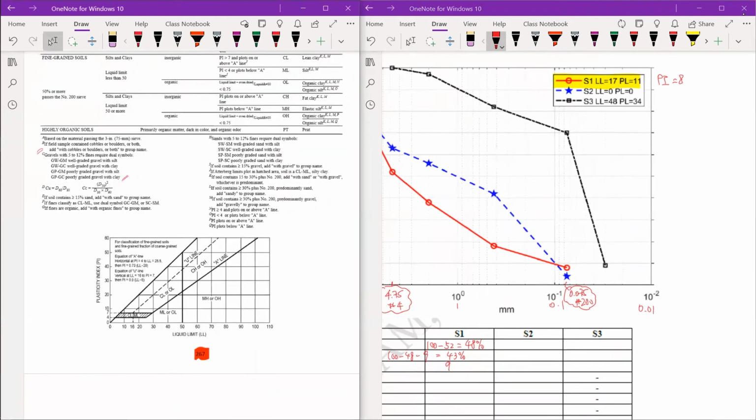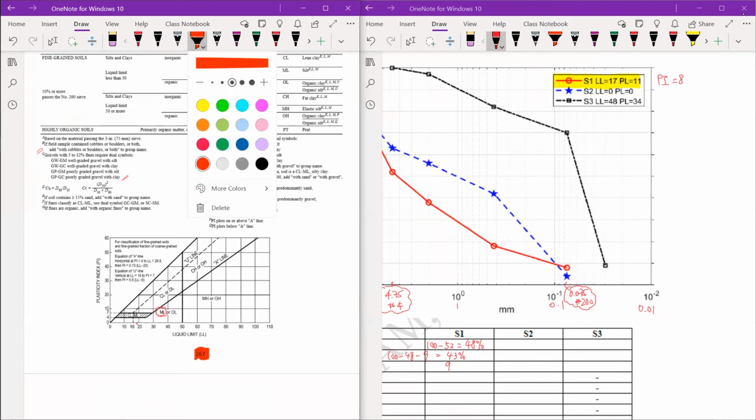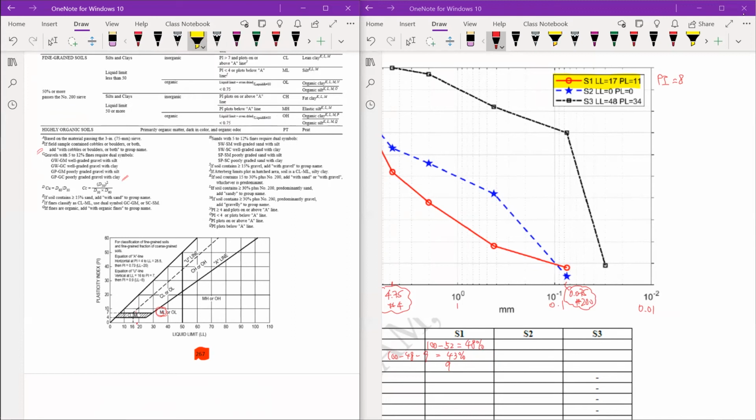We have a liquid limit of 17 and a PI of 8, so it falls right there. ML stands for silt, so we determine it as silt rather than clay.